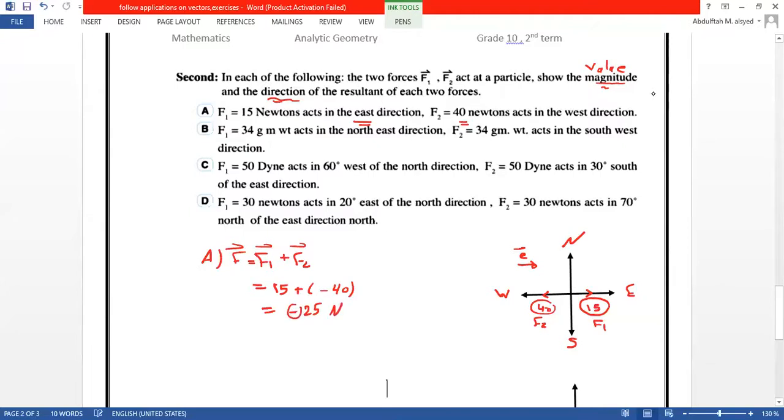This negative means that the resultant has a magnitude equal to 25 newtons, and the negative means that the direction of the resultant is in the west direction.